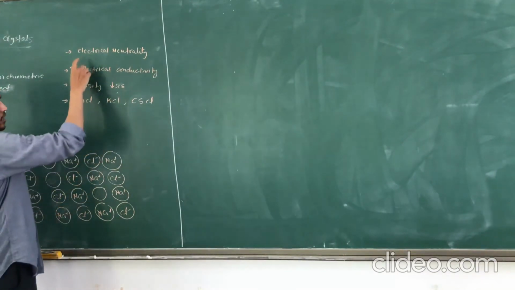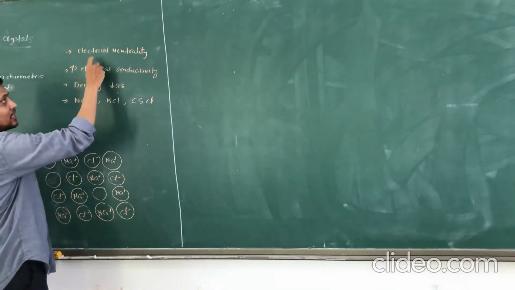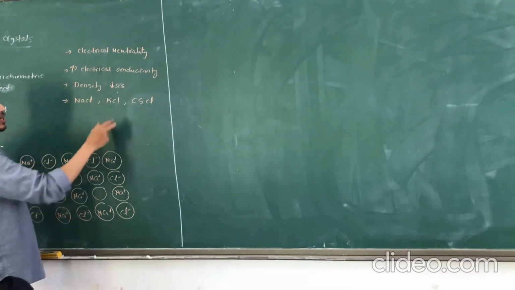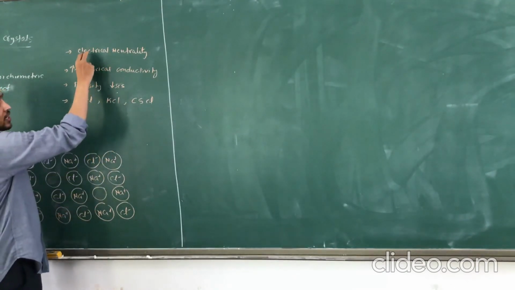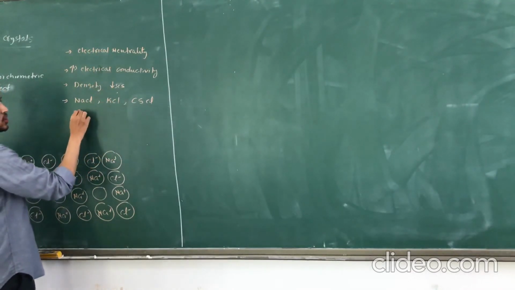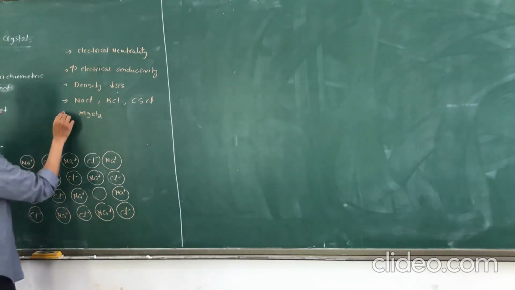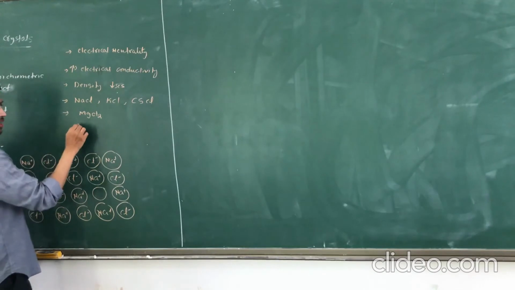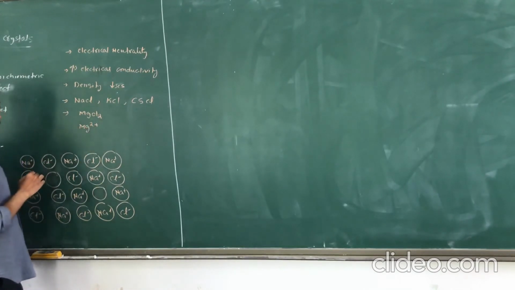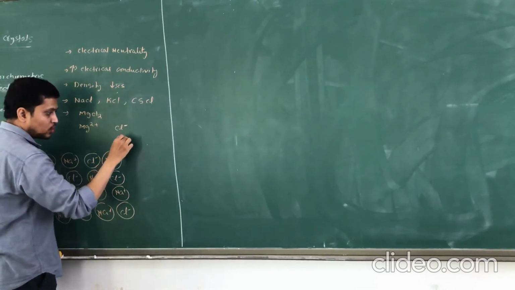Now just remember the number of cations and anions which are missing is the same, so that electrical neutrality is maintained in the crystal structure. Continuing with electrical neutrality, for the next example, if I take MgCl2, magnesium chloride, one more point I can add here. If a magnesium cation is missing, for this magnesium ion I need to take 2 chlorine ions.